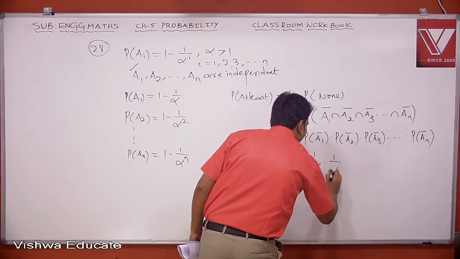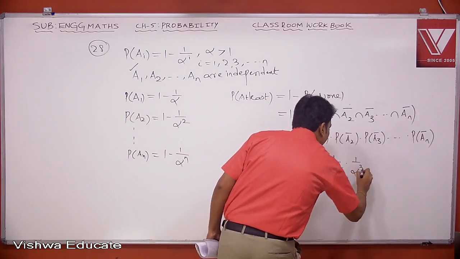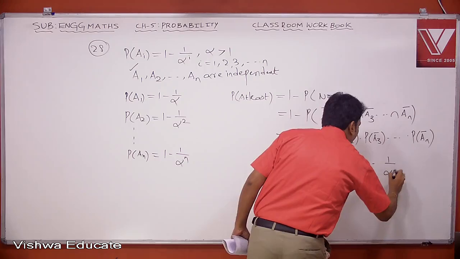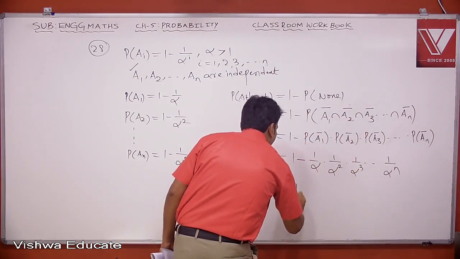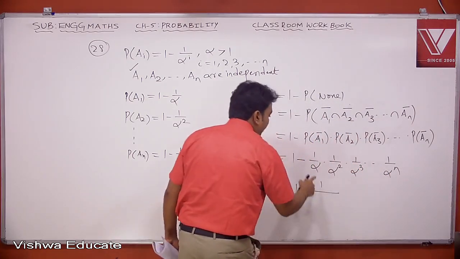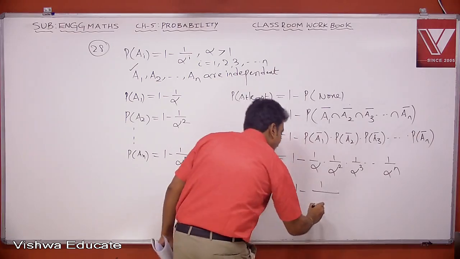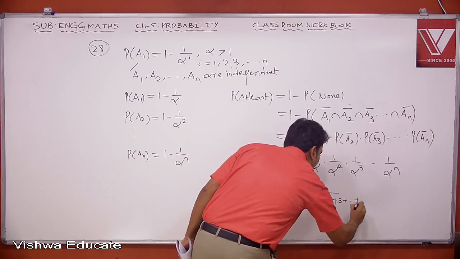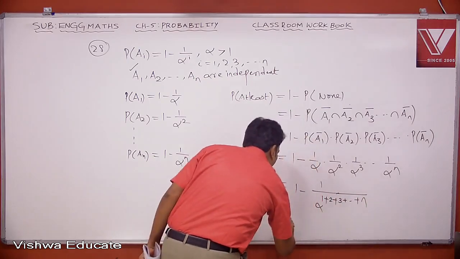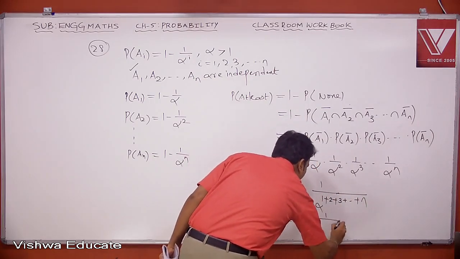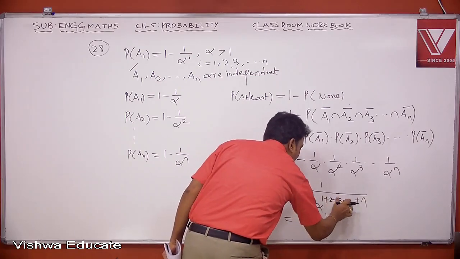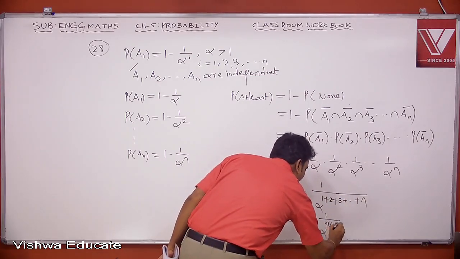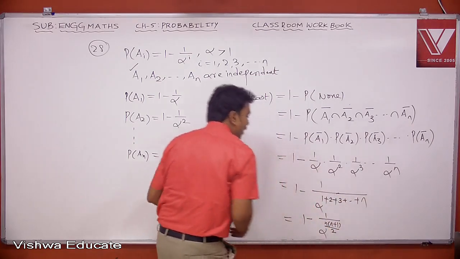Similarly, this becomes 1 by alpha square, 1 by alpha cube and so on, 1 by alpha power n. So this is 1 minus 1 by alpha power 1 plus 2 plus 3 and so on plus n. The sum of the first n natural numbers is n into n plus 1 divided by 2.